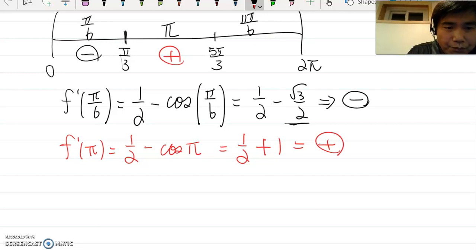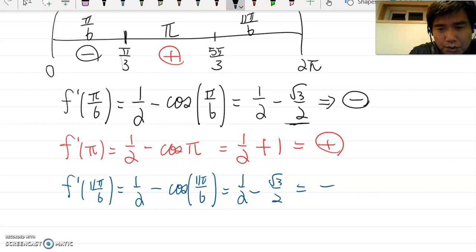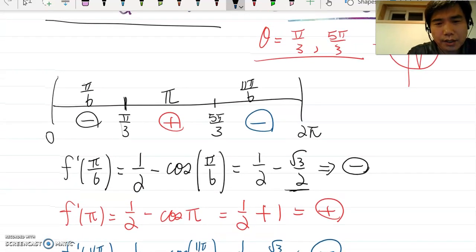So f prime of 11 pi over 6 is 1 over 2 minus cosine 11 pi over 6. This becomes 1 over 2 minus root 3 over 2, which means still negative here. So I put negative.